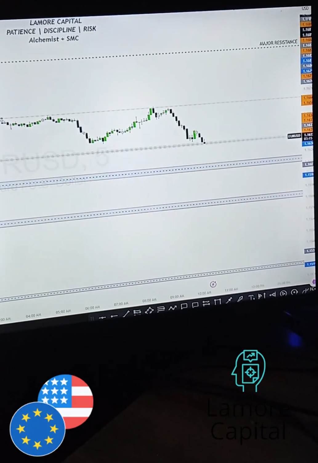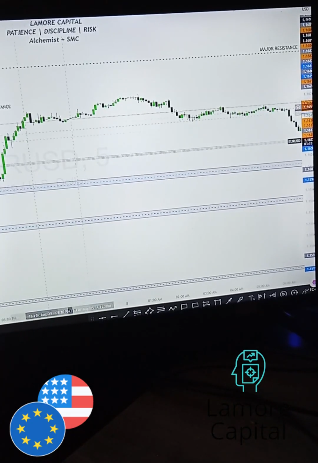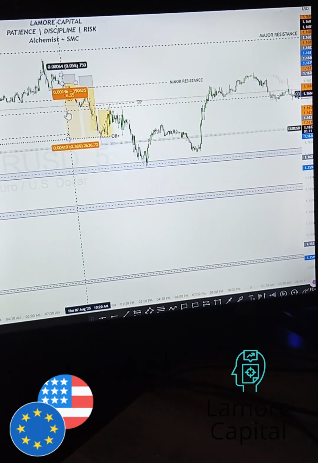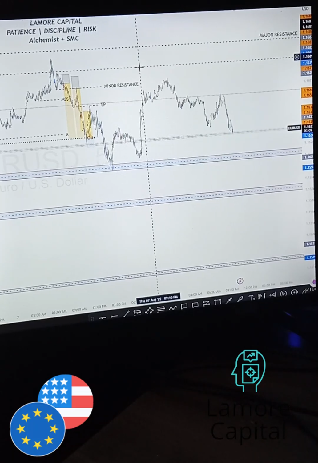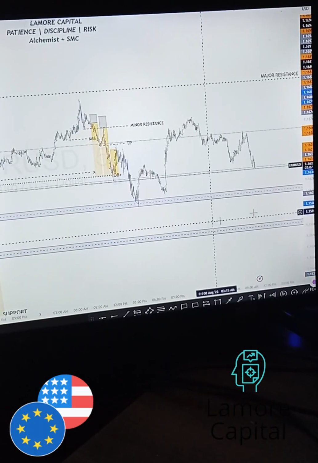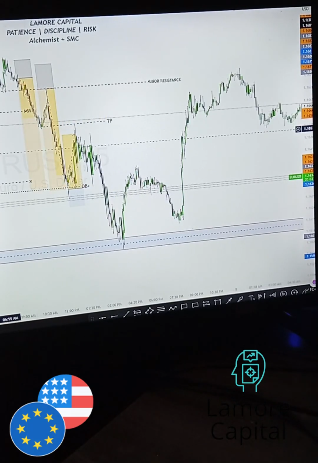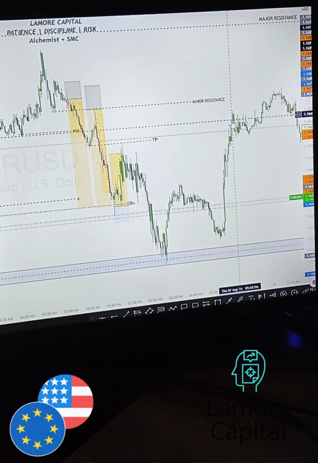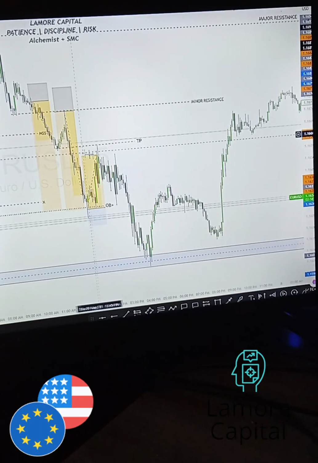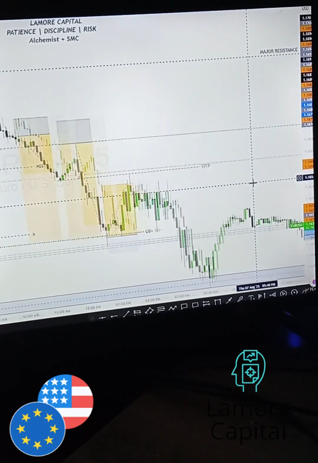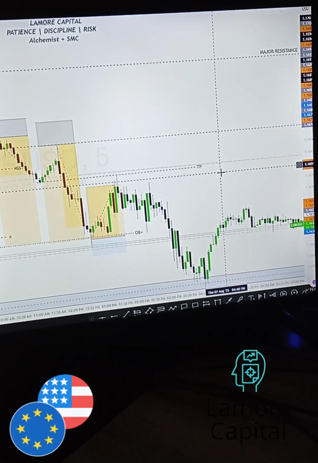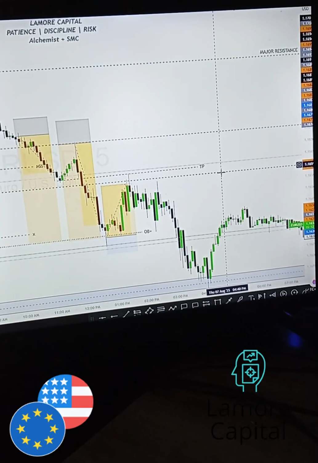I went back to my 5 minutes time frame. So for the market not to mitigate this particular major resistance, what am I looking at again? I'm looking at a market structure shift. But now on this particular trade, what I did was that I didn't wait for the mitigation of that market structure shift.